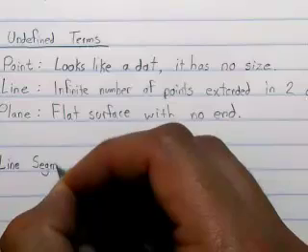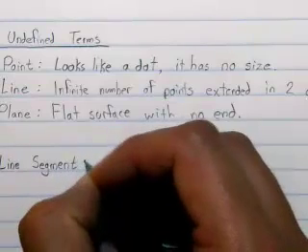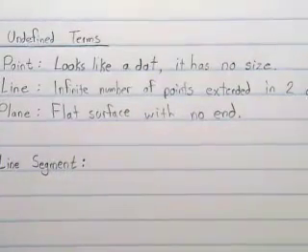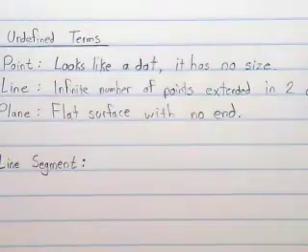So what do you suppose a line segment is? What does the word segment mean? Yeah, part of. So it's a little piece of a line. A line segment would be like this pencil again, if it's infinitely thin. But it doesn't keep going forever in both directions. It starts and it stops.